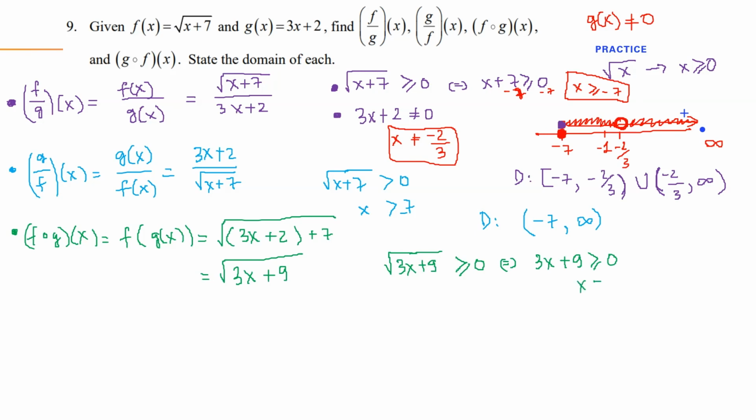Now x is greater than or equal to negative 9 over 3, that is negative 3. So x greater than or equal to negative 3 means it includes the point x equals negative 3. So the domain will be bracket negative 3, comma, positive infinity, parenthesis.